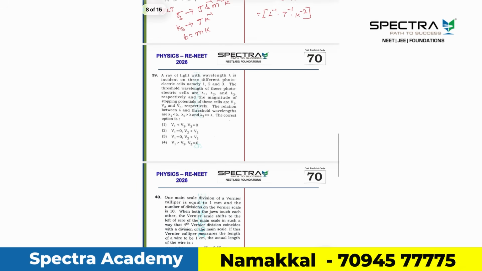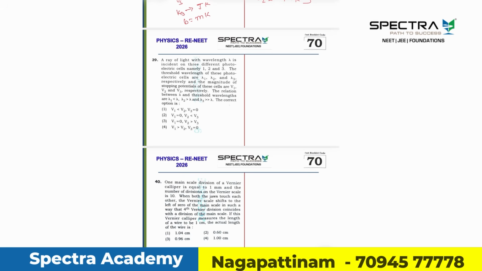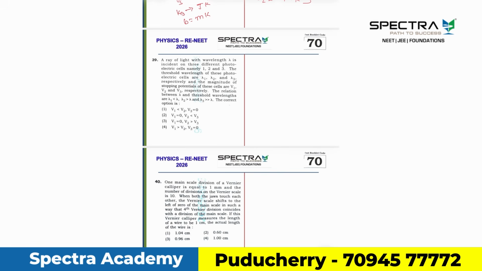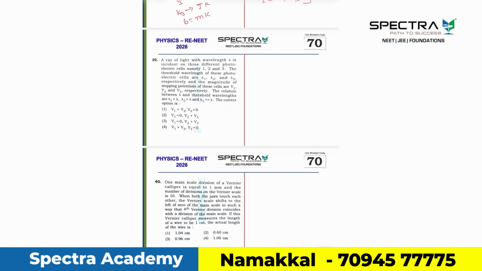So similarly, move on to the question number 39. What they are saying to us, observe this. A ray of light with wavelength lambda is incident on three different photoelectric cells, namely 1, 2 and 3. The threshold wavelengths of these photo cells are lambda 1, lambda 2 and lambda 3 respectively, and the magnitudes of stopping potentials of these cells are V1, V2 and V3 respectively.